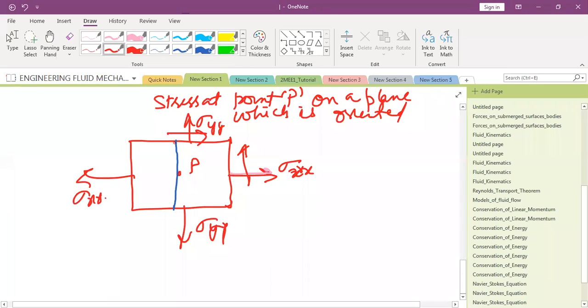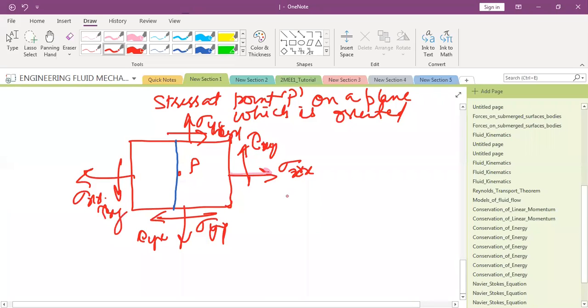Now, stress at point P will be equal to what? The matrix defining all these stresses. That is, if I write down this as tau xy, this is tau yx, this is tau yx, this is tau xy.